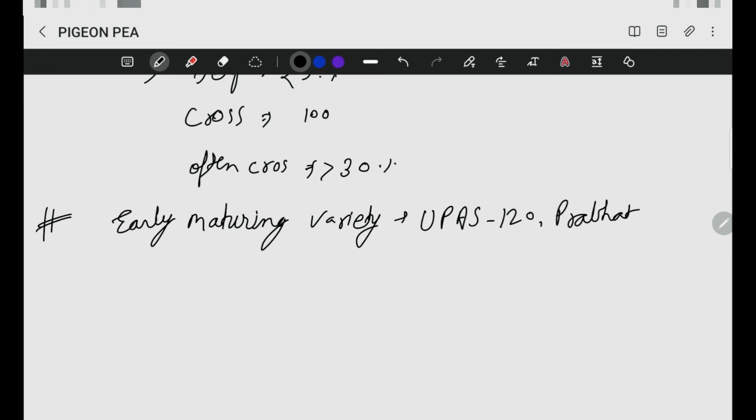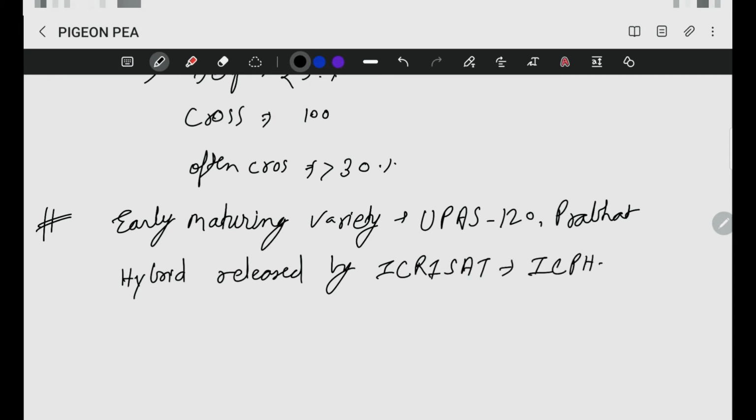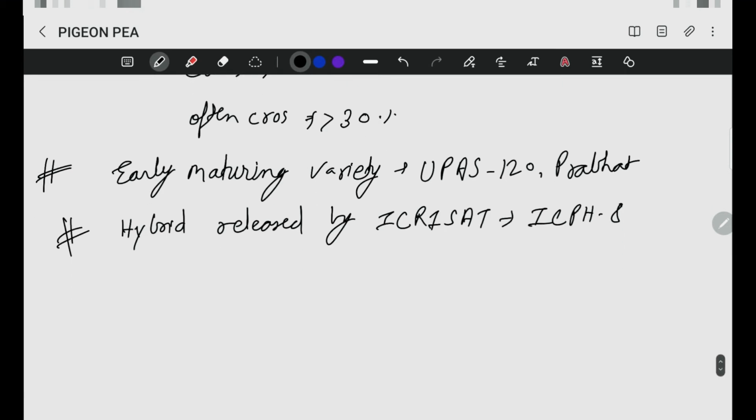Okay, just remember it. Hybrid released by ICRISAT. That hybrid is ICPH8. This is also often asked in exam.